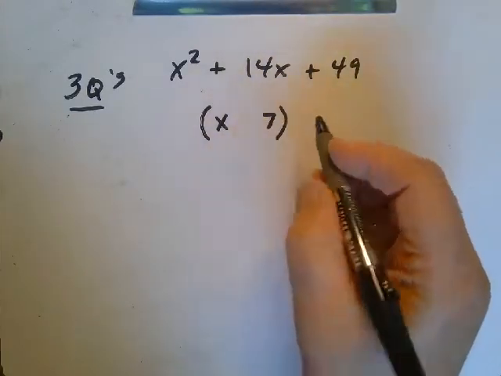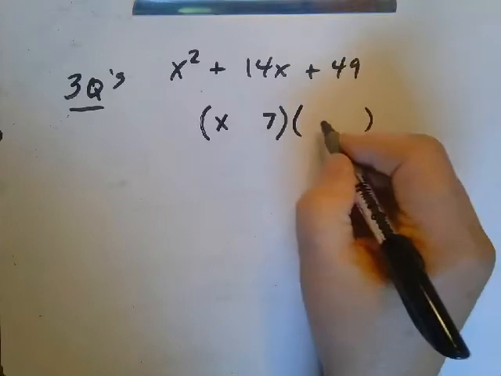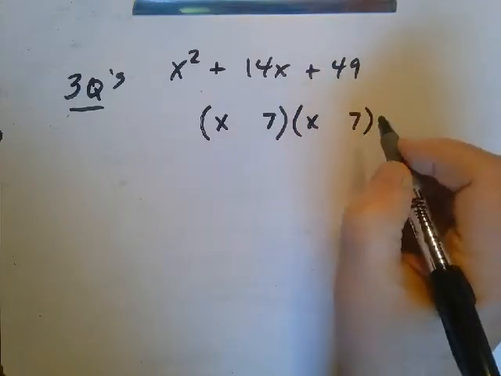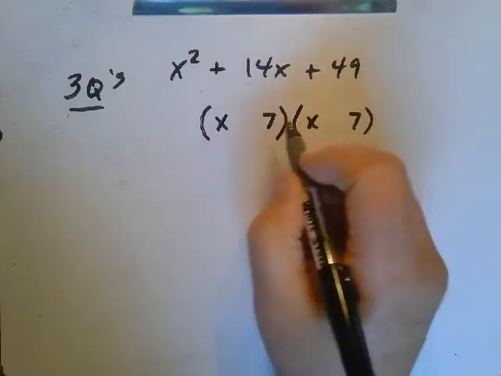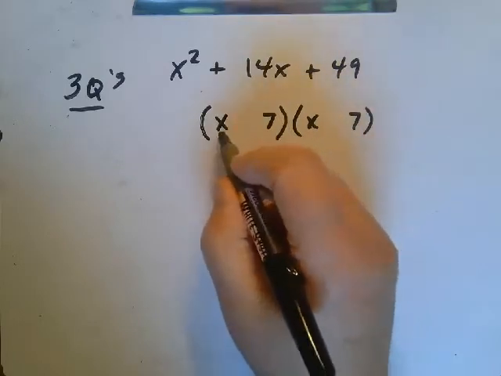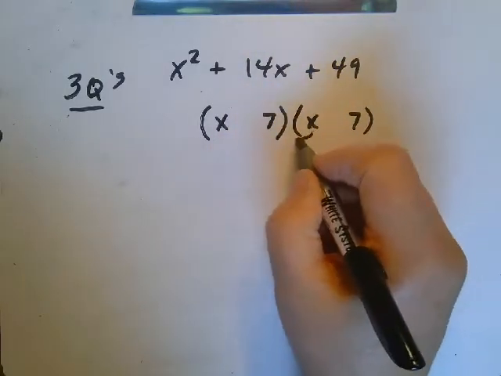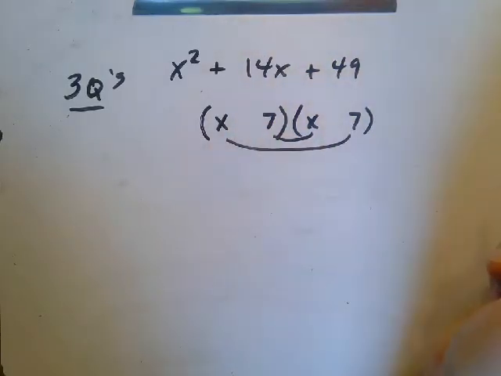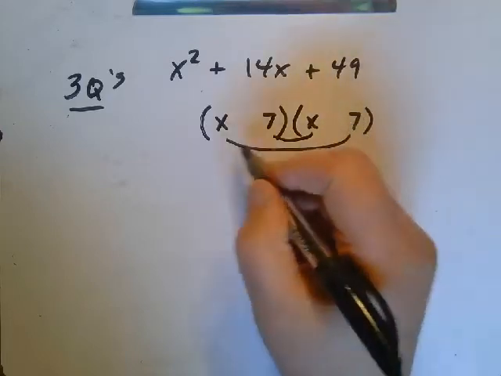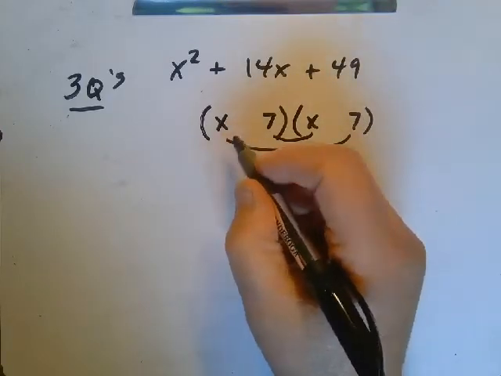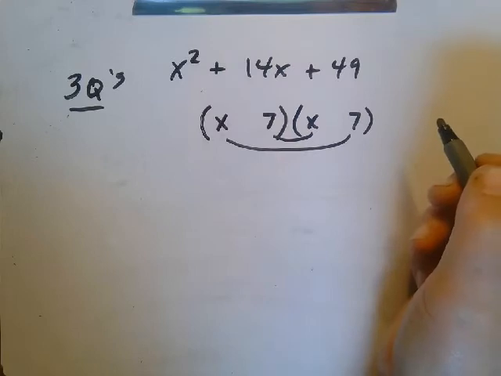But now remember, if I wrote it twice, like this, we've got 2 of these now, right? X squared and 49. And what are the middle terms? Well, they are 7x and another 7x. And when I add those together, I get 14.